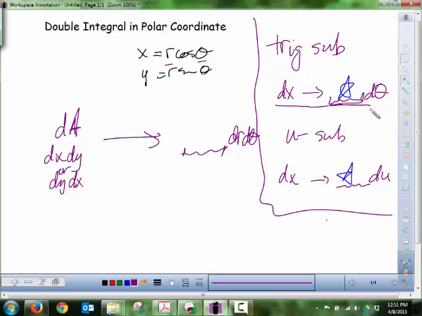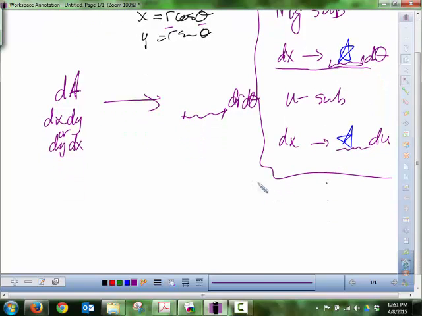Let's do a quick start of a trig substitution example back in Calc 2, where we have an integral that has a square root of 1 minus x squared dx or something.